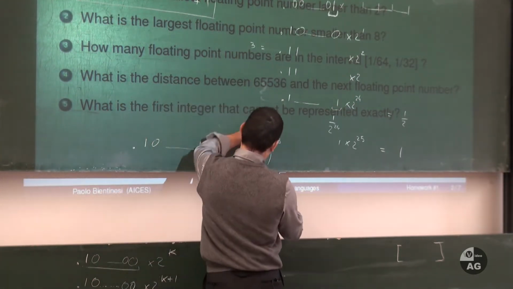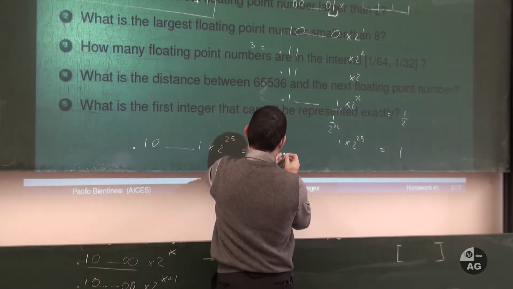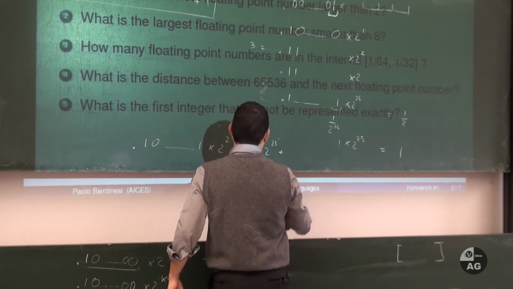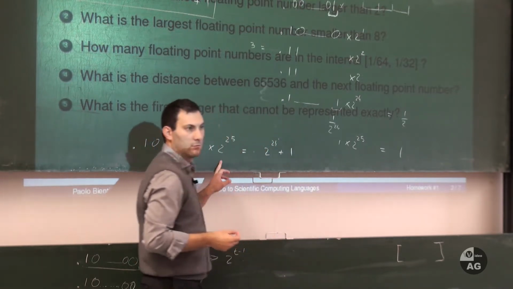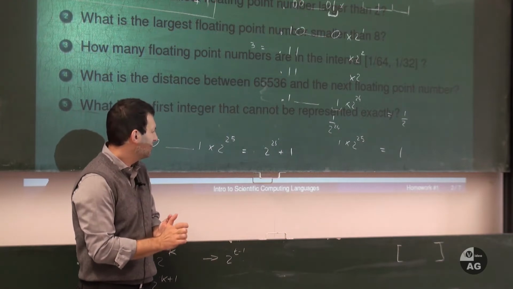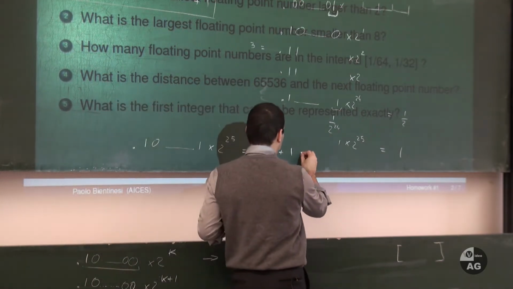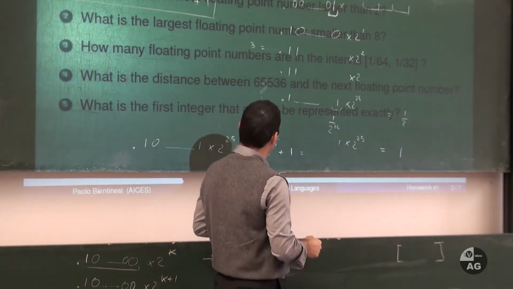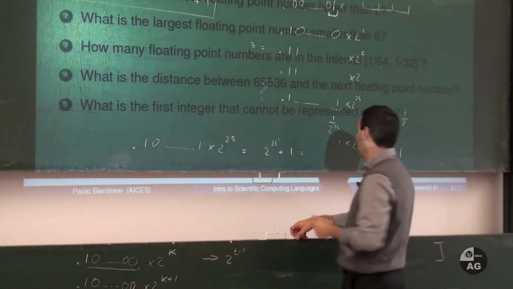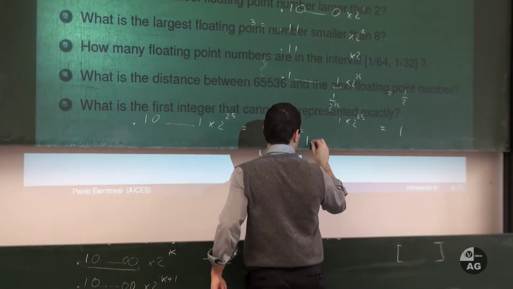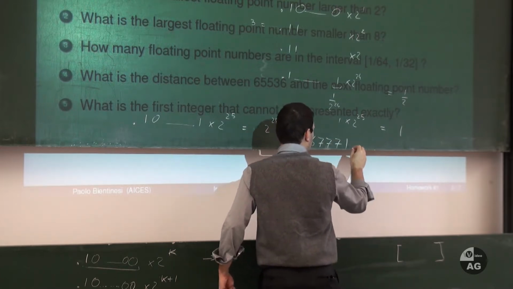So this is 2 to the -1, so it's 2 to the 24th plus, this is 1/2 to the plus 1. 16 million? No. 16 millions? Is that right? Okay. Give it to me. 16777217. No, 217.